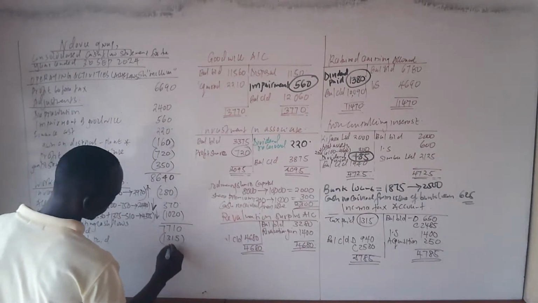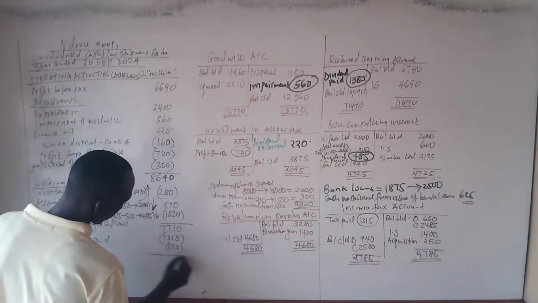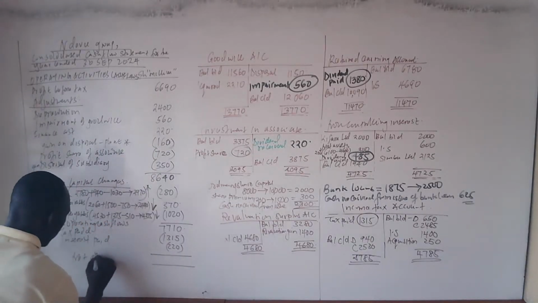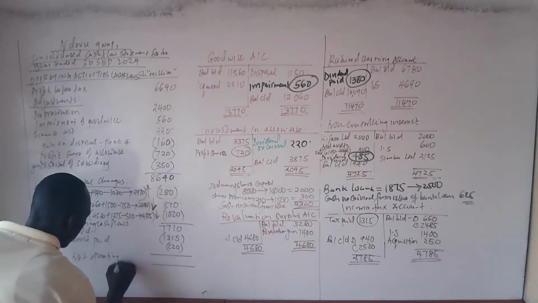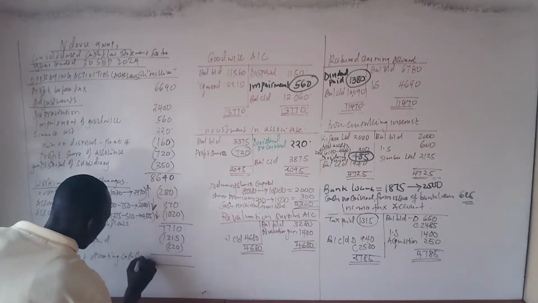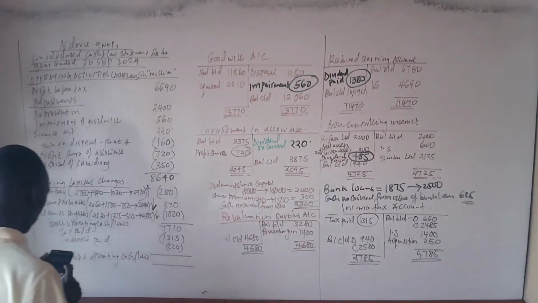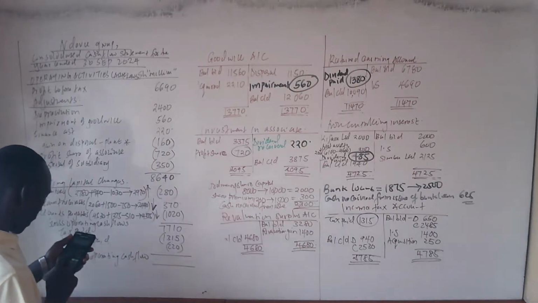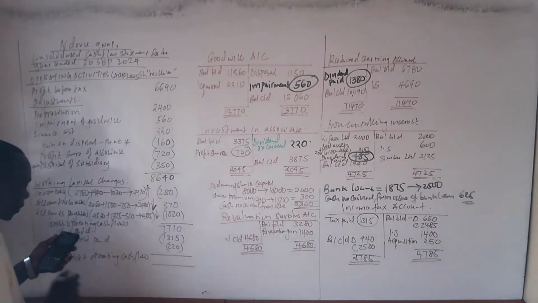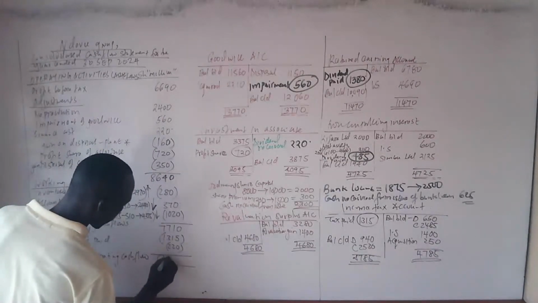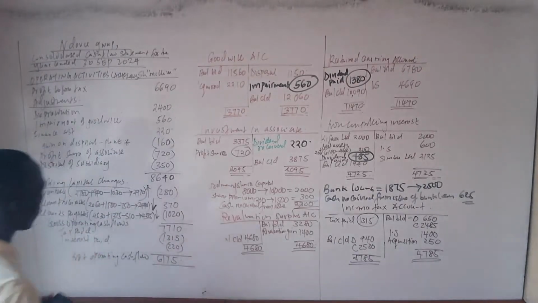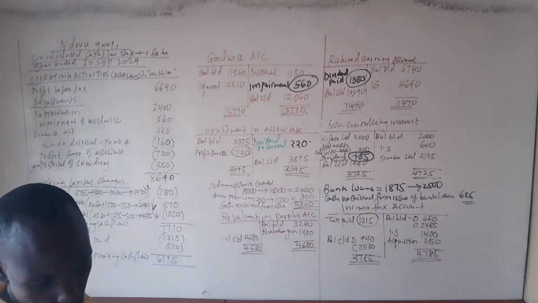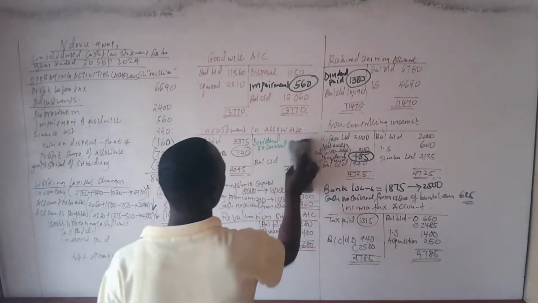Then from there we are going to get the net operating cash flow: minus 1315 minus 220. So we have 6175.